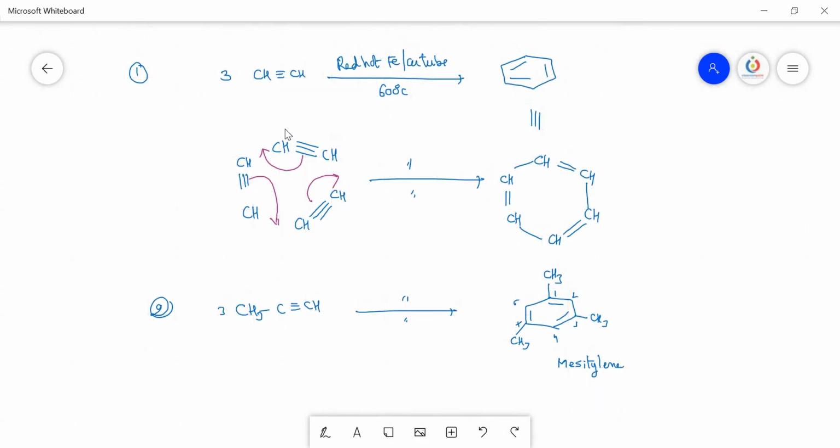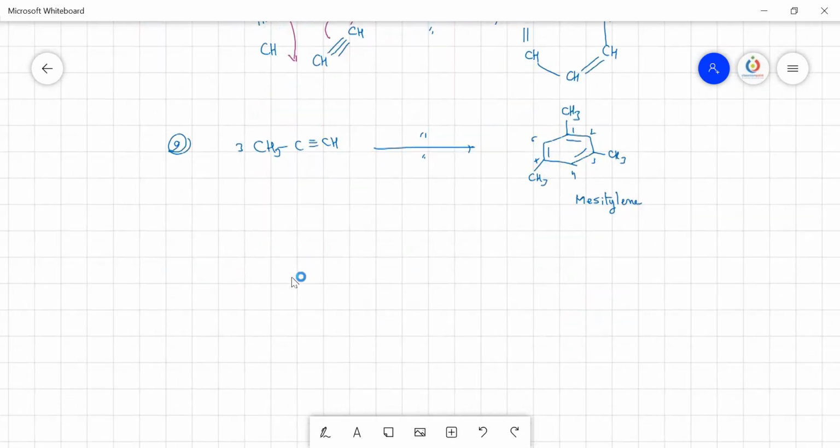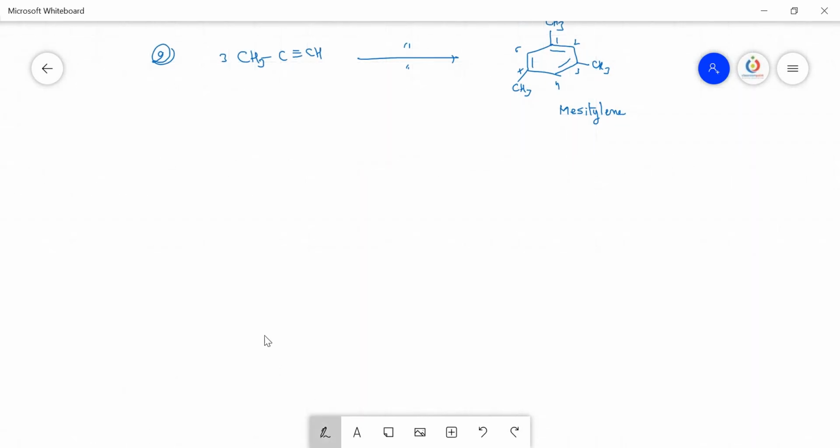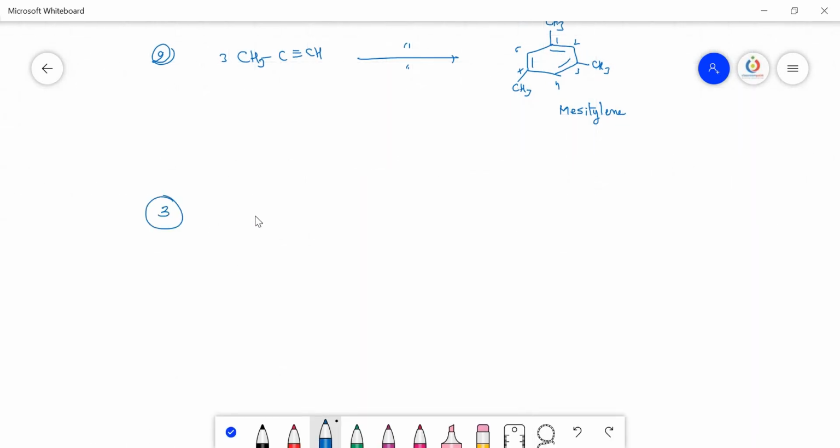If you send 4 acetylenes instead of 3 acetylenes, then the polymerization molecule will be different. Let us take 4 CH triple bond CH acetylene. Now we are not using the red hot iron tube, we are using anhydrous nickel cyanide. This is a bit important, you must remember that, nickel cyanide, and use high pressure.